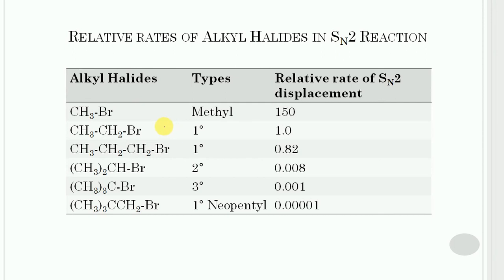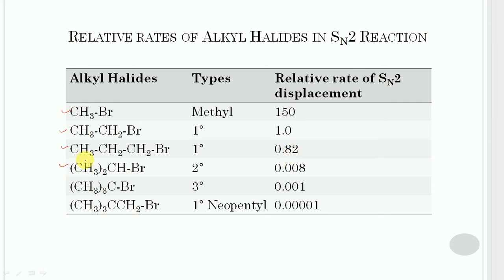So this table shows the relative rate of alkyl halides in the case of SN2 reaction. In the case of methyl bromide, it is very high, near about 150. In the case of ethyl bromide, which is primary, it is 1.0. In the case of propyl, it is 0.82.